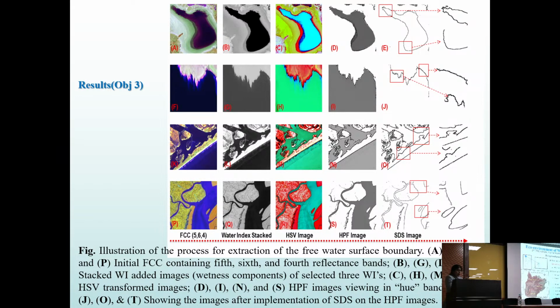So what is the pollution level of that water quality? We analyzed many water quality parameters, and based on that we generated this water quality map, and it is also being used by the government for taking mitigation measures.